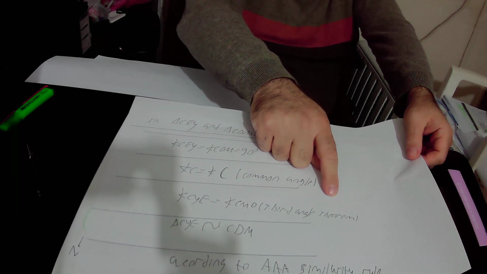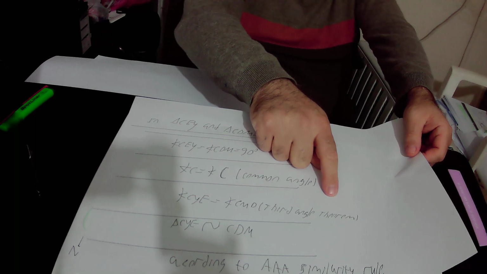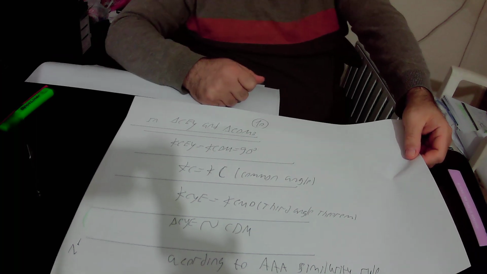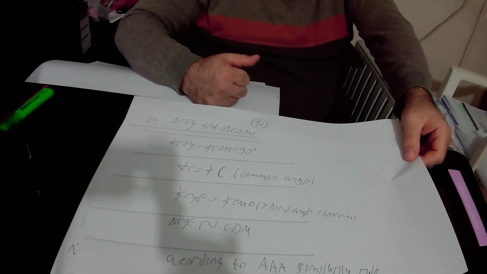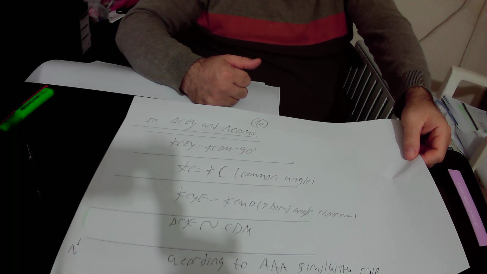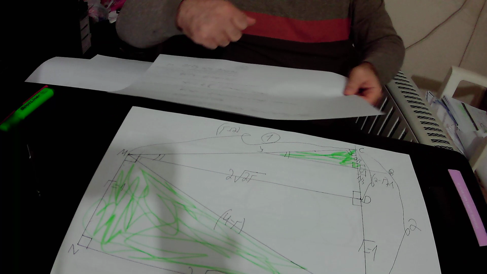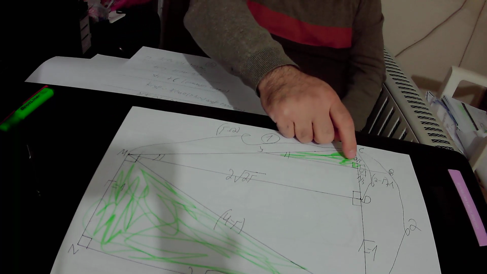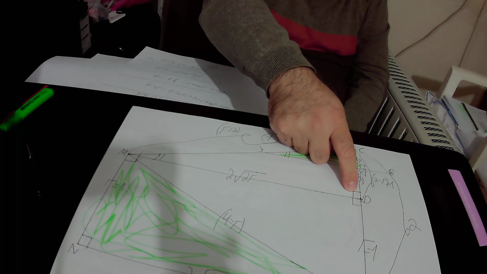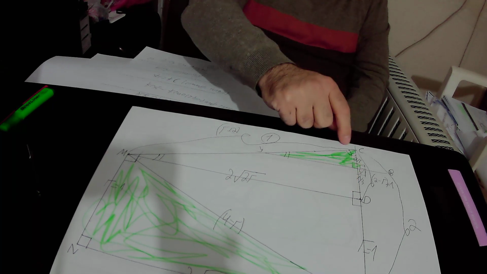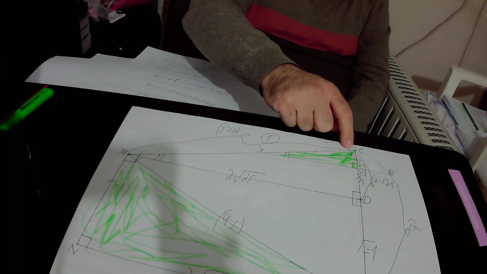So what is the third angle theorem? The third angle theorem states that if two angles in one triangle are congruent to two angles in another triangle, then the third pair of angles must also be congruent. And here we have the first pair of angles that are congruent: they are both right angles. And this angle is a common angle, therefore it equals itself.